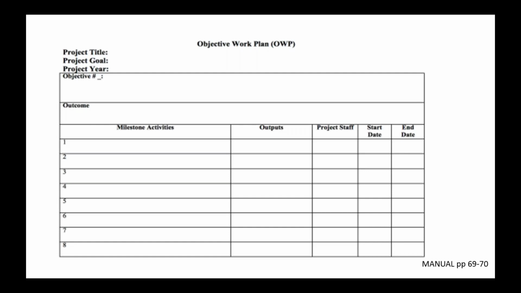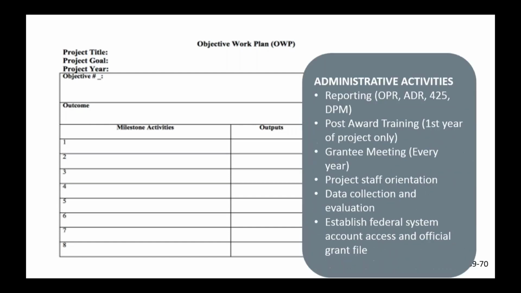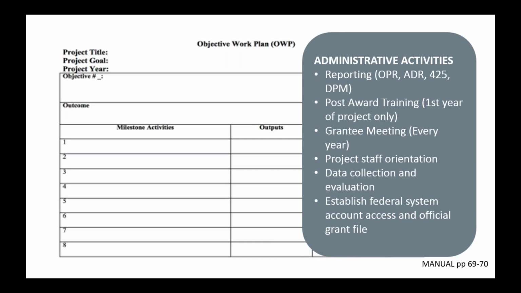In the example on page 72 in the training manual, "administrative" is added before each of the administrative activities. This is not required, but it helps reviewers see that you have included them as required and they are not being counted towards the 25 milestone activity limit.